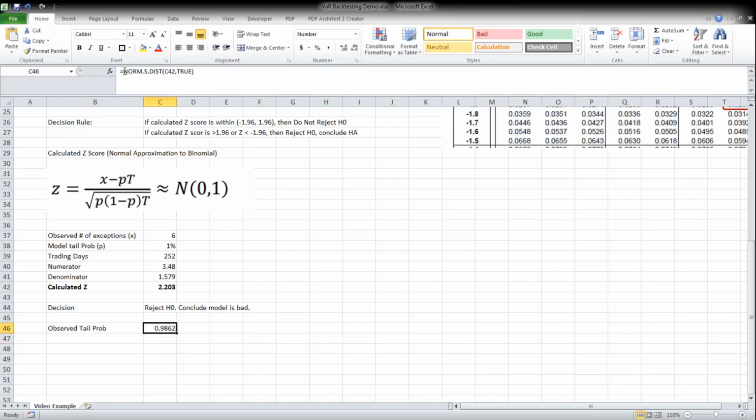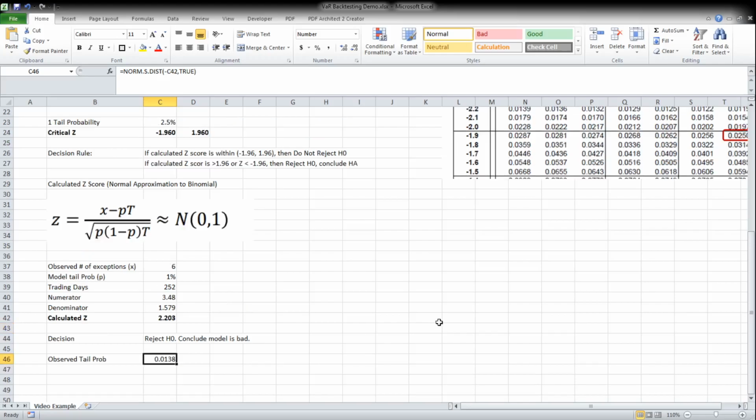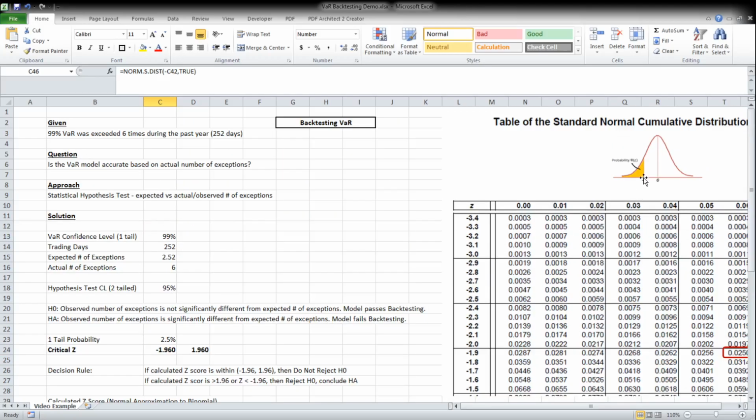Actually, it's the negative of C42. The reason why I used the negative of the 2.203 is because I'm interested in the probability in the left tail. So if our observed z-score was negative 2.2, what is the probability of that left tail, of observing a value as extreme as 2.2?